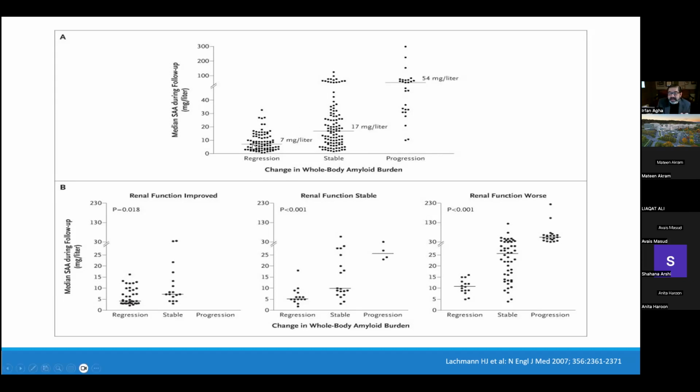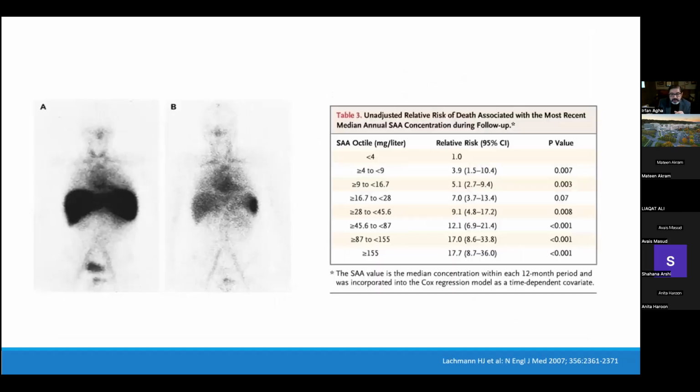These are the people who had relatively low levels of SAA protein, whereas people with relatively high levels of SAA protein had progression in their scan. The scans looked worse. And similarly, same story with kidney function. The people who had low levels of protein, their kidney function got better, whereas people with high levels of protein, their kidney function got worse.